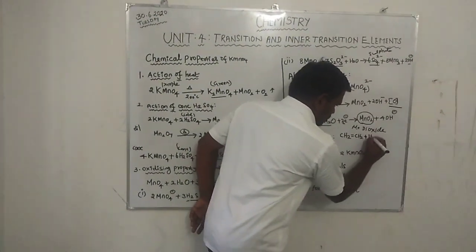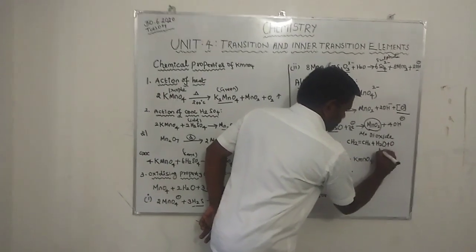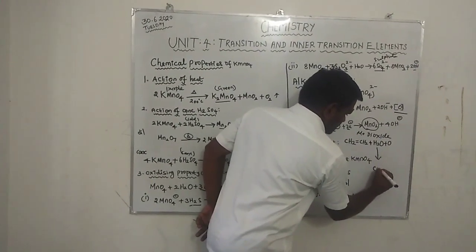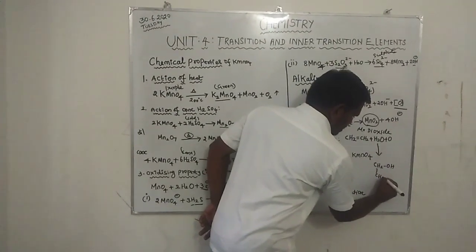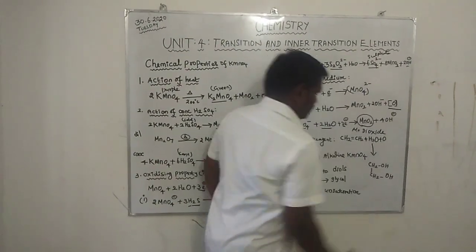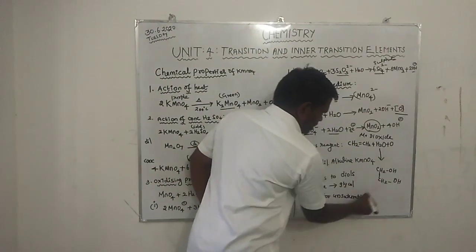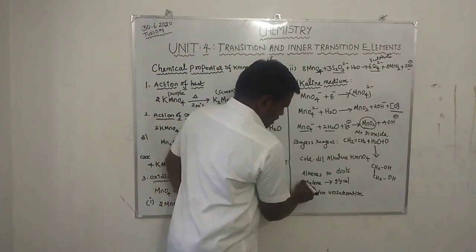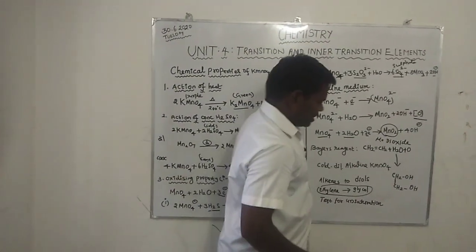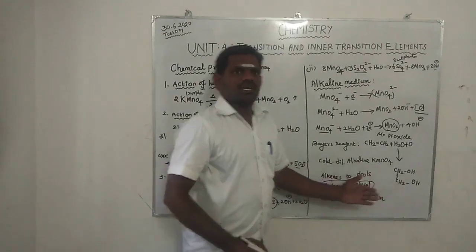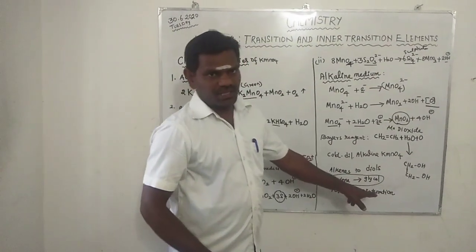Now H2O plus O to give what? CH2OH and CH2OH. This is diol, another specific name glycol. Here ethylene is converted into ethylene glycol by Bayer's reagent. This reaction is helpful as a test for unsaturation.